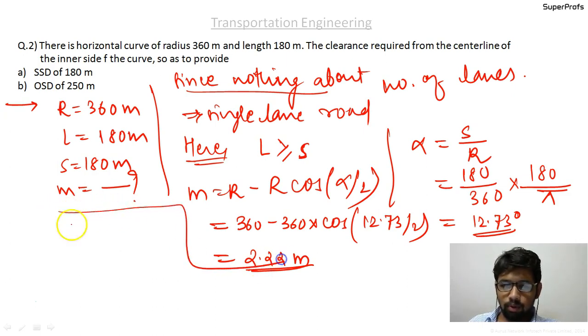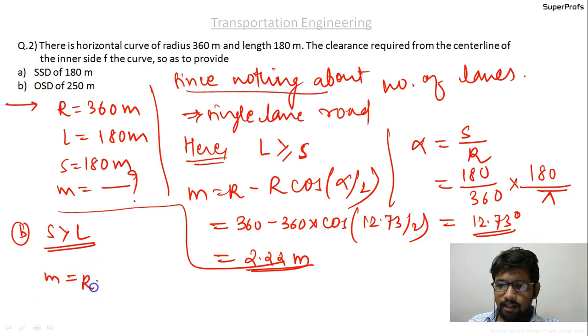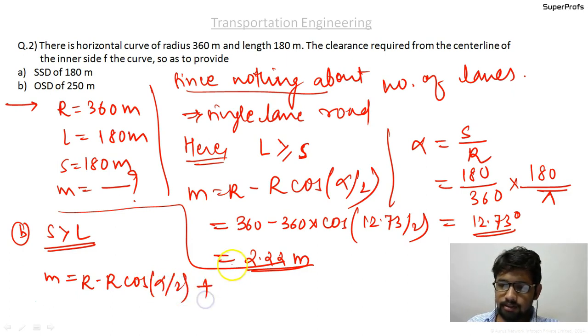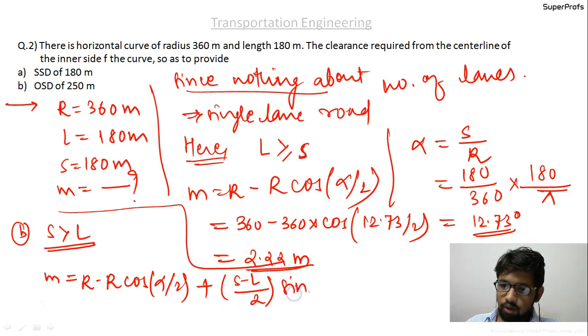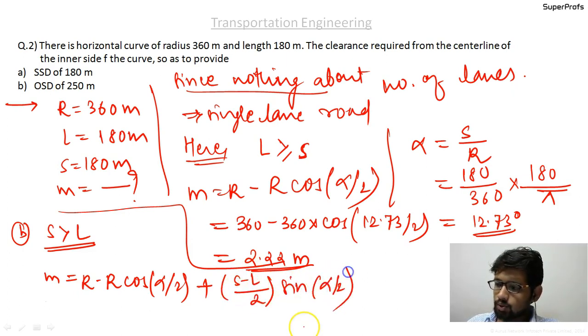So in problem B, S is greater than L. Our formula for setback distance will have an additional term: R minus R cos of alpha by 2 plus S minus L by 2 sine of alpha by 2.